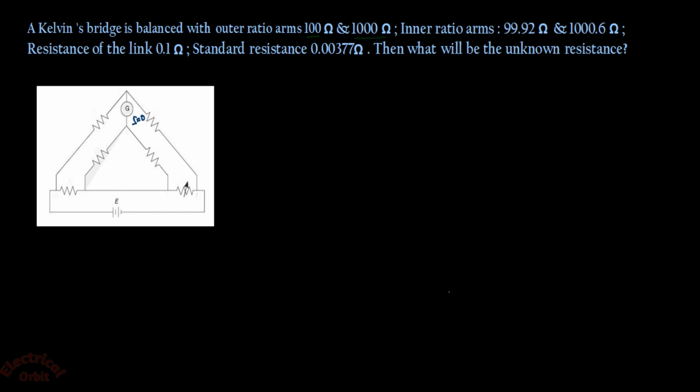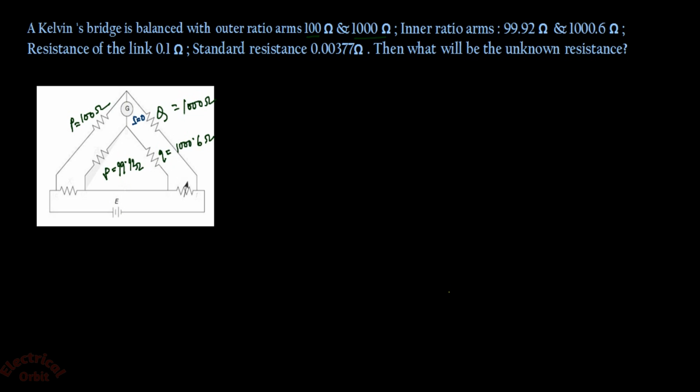So this is P is equal to 100 ohm and this is Q equal to 1000 ohm, and the inner ratio arm, that is small p, is equal to 99.92 ohm and small q equal to 1000.6 ohm. This is given in the question.